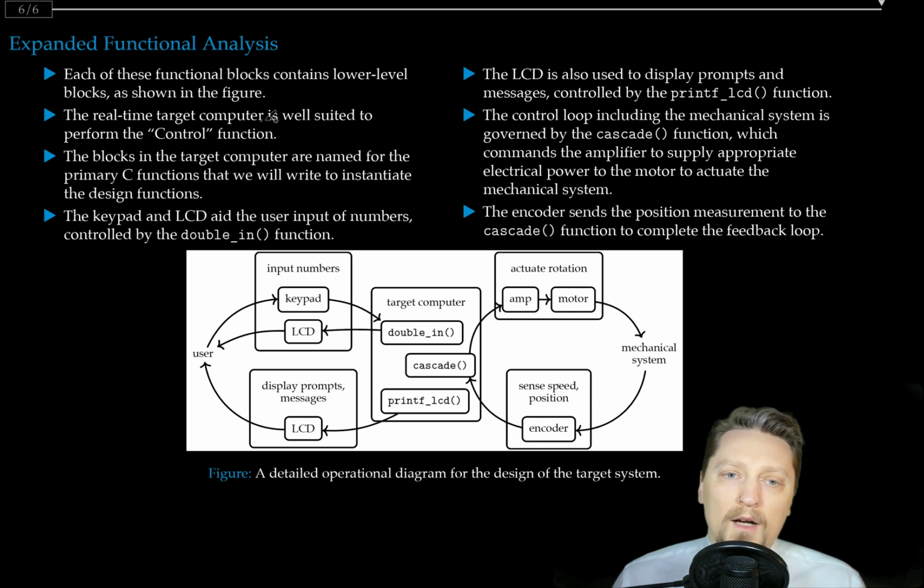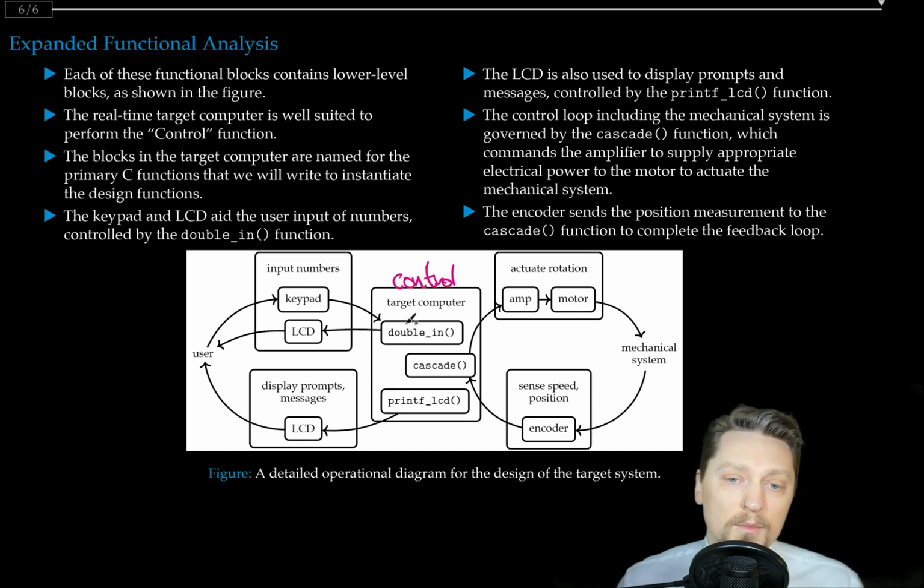The real-time target computer is well suited to perform the control function. So we see the control block in the middle is the target computer. And the blocks in the target computer are named for the primary C functions that we will write to instantiate the design functions.